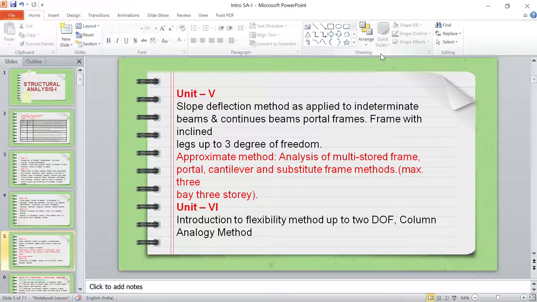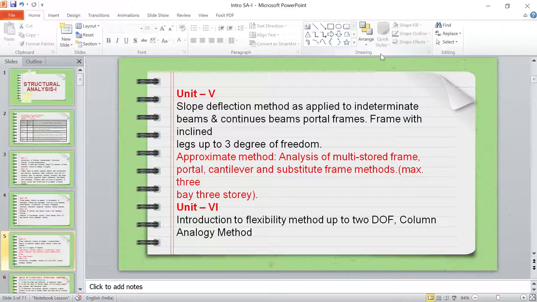Under the approximate method you are going to analyze multi-storied buildings subjected to horizontal loading. We know that a building is always subjected to gravity loads, which may be in the form of dead loads, live loads, and so on.